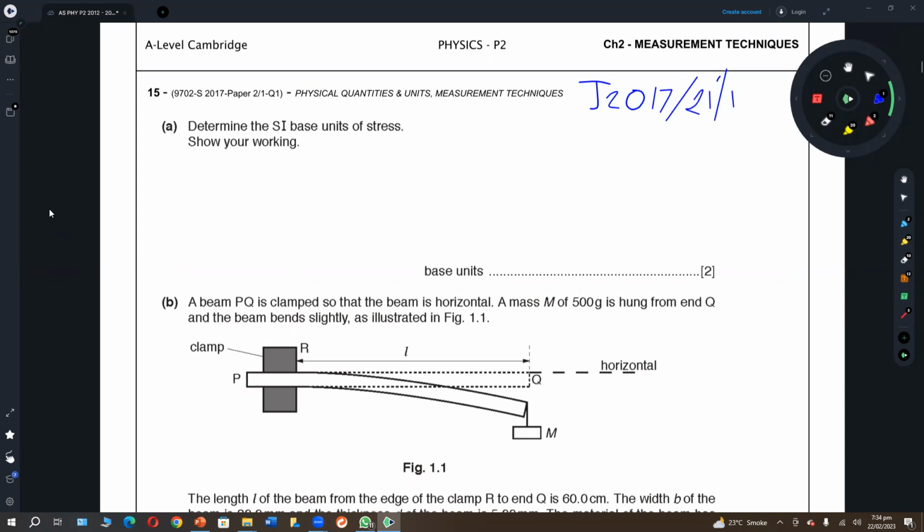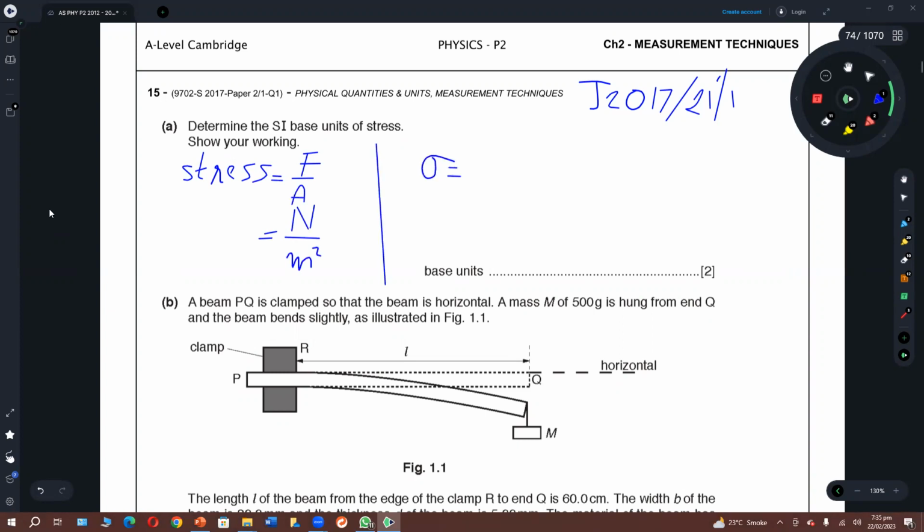Determine the SI base unit of stress. So first, as I said, for these questions, you have to remember the formula. Force over area. Force is Newton, area is meter square. You make a partition and you write sigma S for stress. What is Newton?